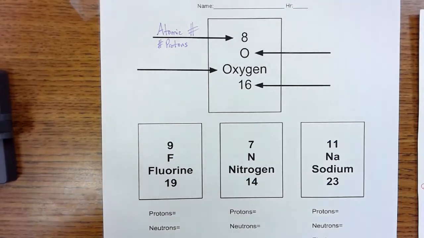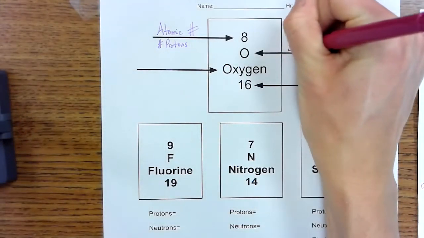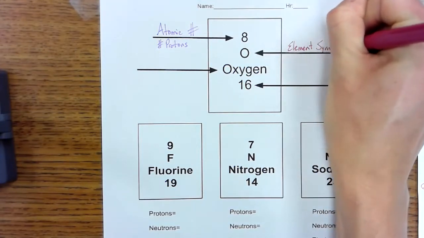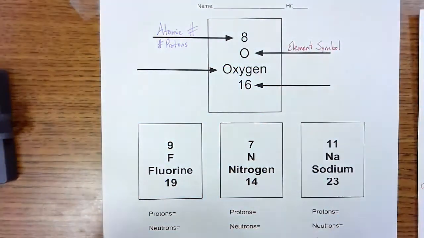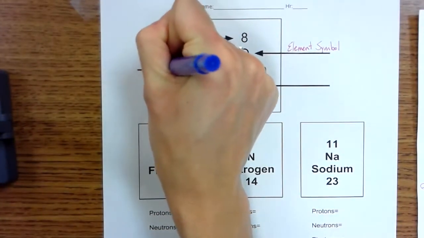So in this case, oxygen has the atomic number 8 protons. The O is the element symbol. Then we have the element name. In this case, we're using oxygen.